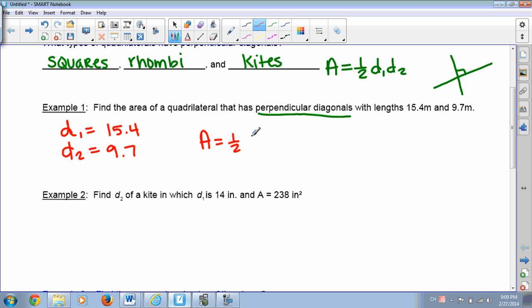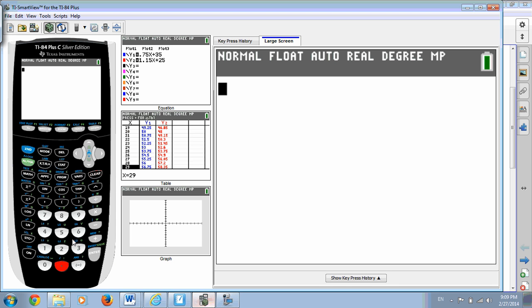Okay, so then we just plug that into our formula. Our formula is 1/2 D1 D2. So 1/2 times D1 is 15.4 and D2 is 9.7. You can put this whole thing into your calculator. So let's go to our calculator. 1/2 I'm just going to use as 0.5 times 15.4 times 9.7.